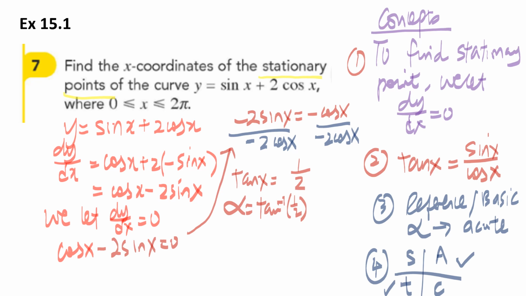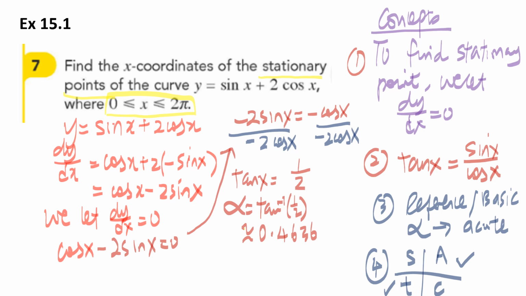Alpha is tangent inverse half, and you have to change your calculator mode to the radian mode, because if you're doing differentiation or integration, the angle used in your trigo functions will have to be in radians. So shift mode, then change to radian, which is 4, tangent inverse 0.5. You would get 0.4636.